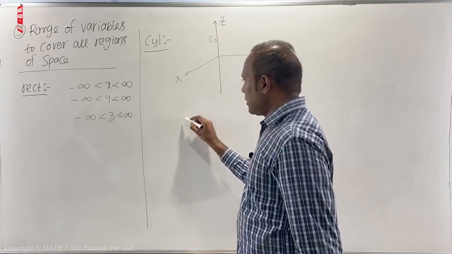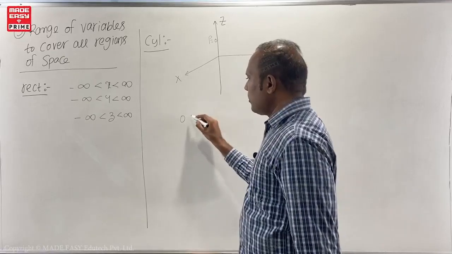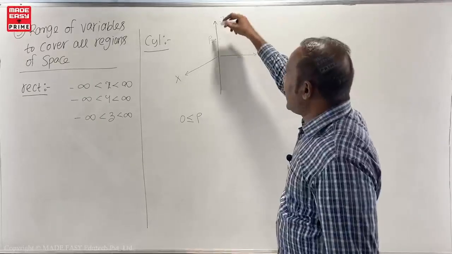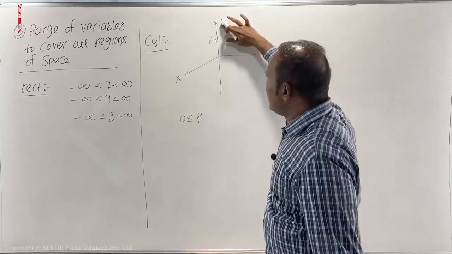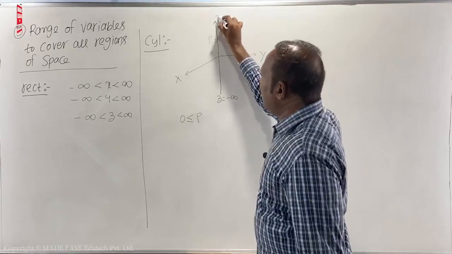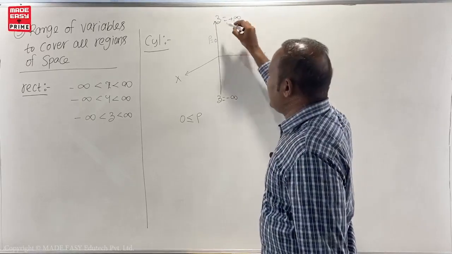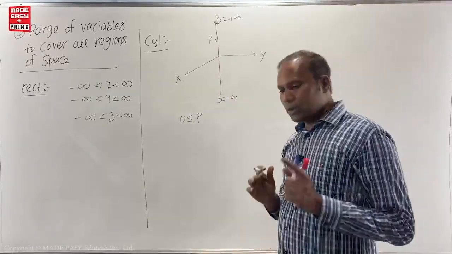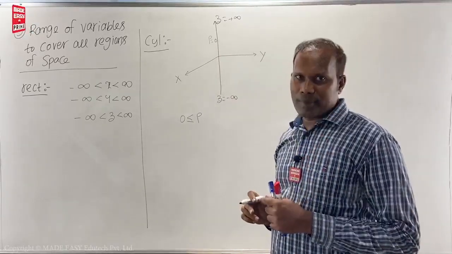So radius 0 means you get z-axis. So for example, let us say here z is equal to minus infinity and here z is equal to plus infinity height. Radius 0 means z-axis. I told you radius measurement starts from z-axis.